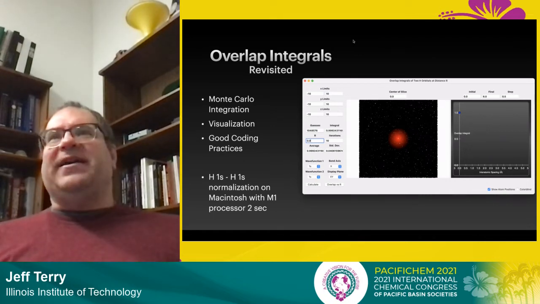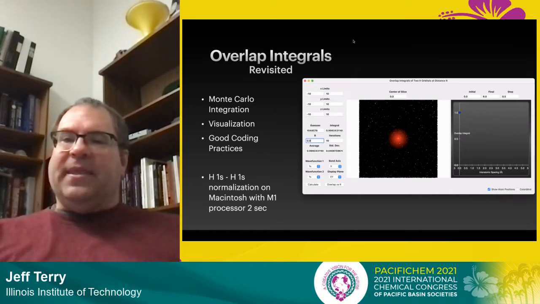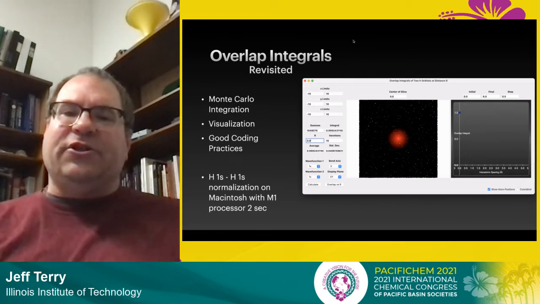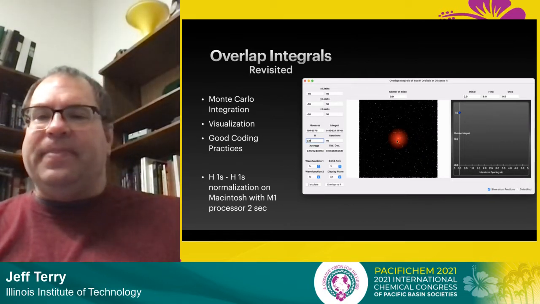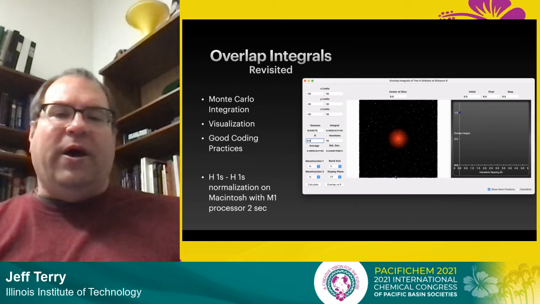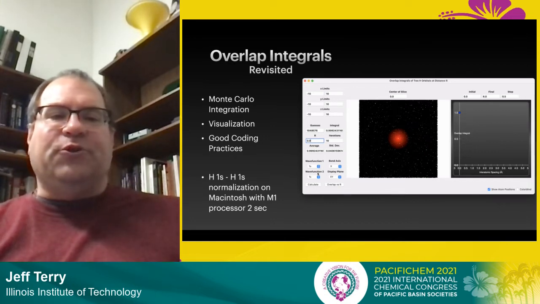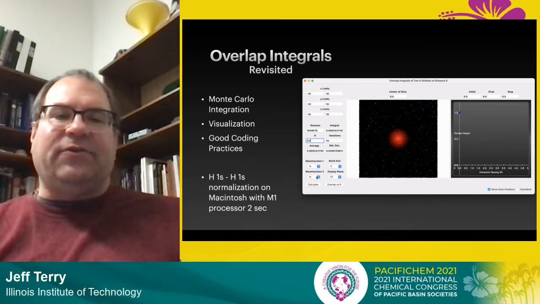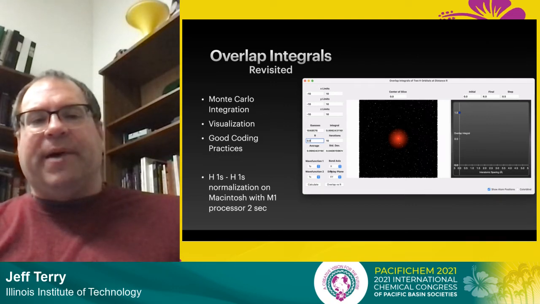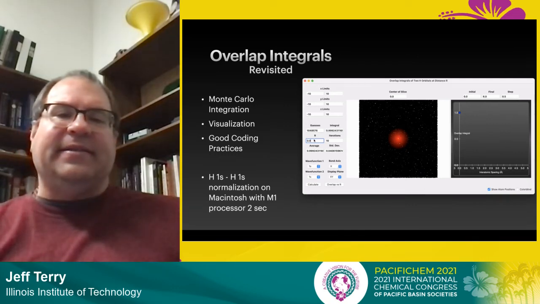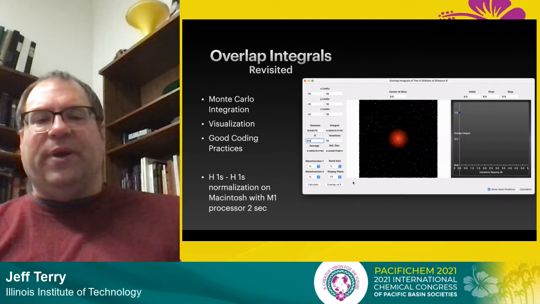So it's a much faster process. So this on the right shows the overlap integral and its value of 1 for hydrogen 1s, with the bond axis being in the x-axis and a distance of 0 angstroms.